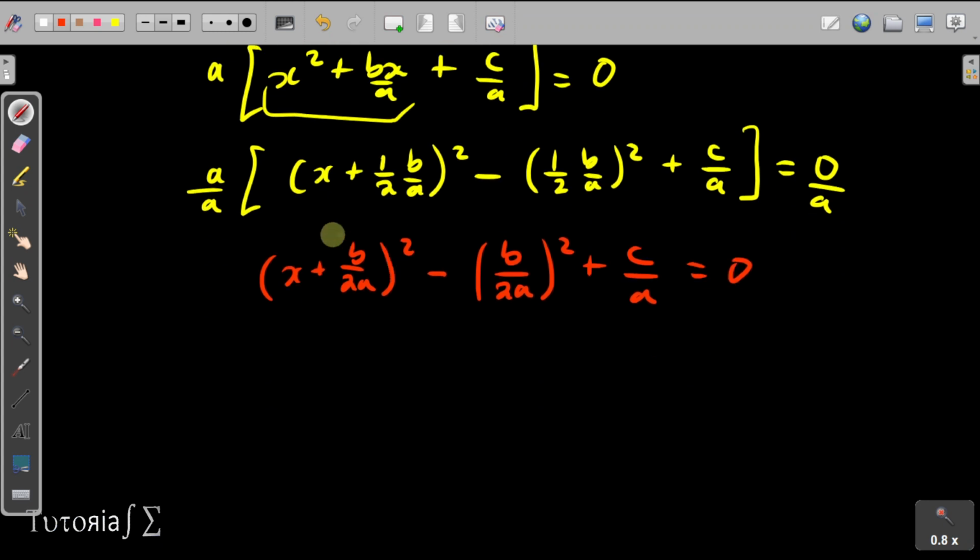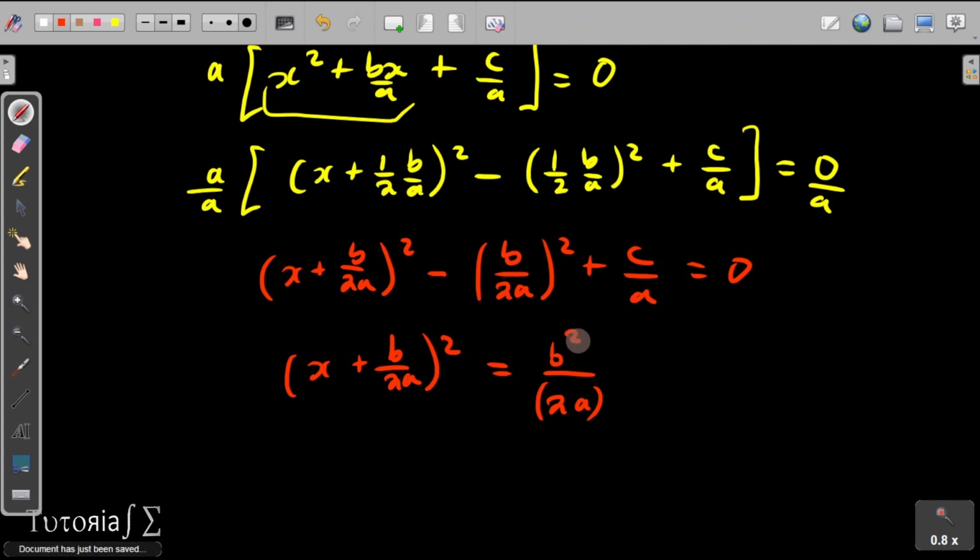Then at this stage we can transpose, so we have x plus b over 2a squared equal to, when this goes this side, plus b over 2a. Note that the square applies to both, so this is b squared over 2a squared, like that, because the squared applies to both. Then plus c over a.